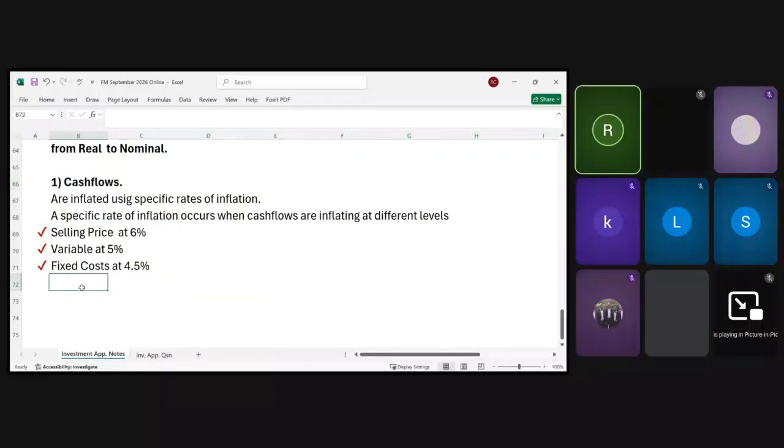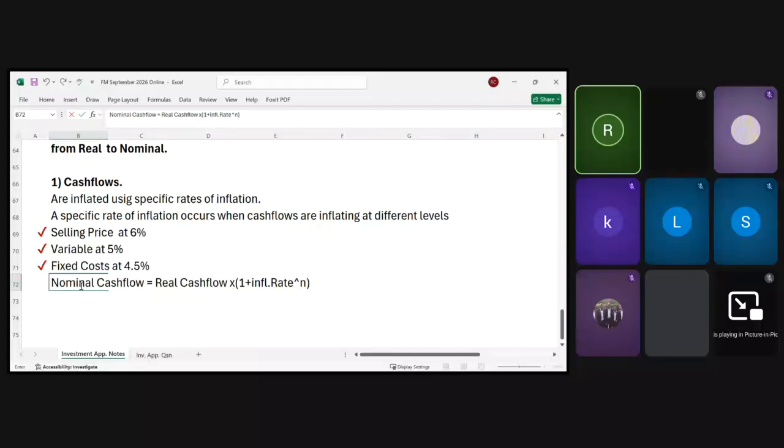So how do we then inflate? We are going to have nominal cash flow equal to real cash flow times, open bracket, 1 plus inflation rate, to the power n.